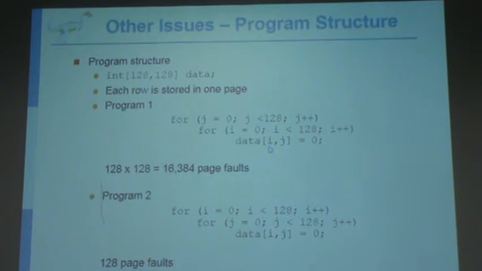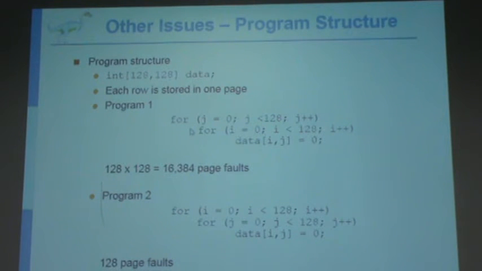Instead, it has a pointer for I first, then I has a sequence of 128 J's, for I equal 0, 1, 2, 3, up to 127. Then you have J. But if you access J first, it's a page fault.